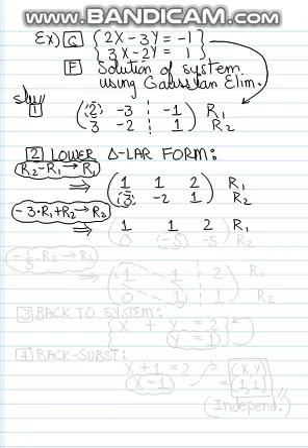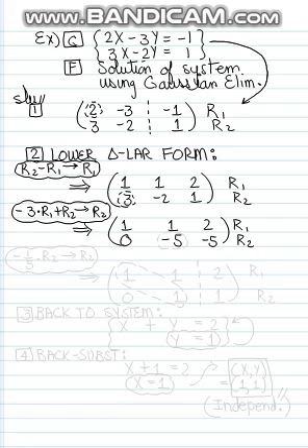And for row 2, I write the result that I just got, and that's going to be a 0 in this column, then a -5, and then a -5. That's my row 2. And you'll see how I succeeded in getting the 0 in the first column on the bottom. Now I would move to the next column, which is the y column.